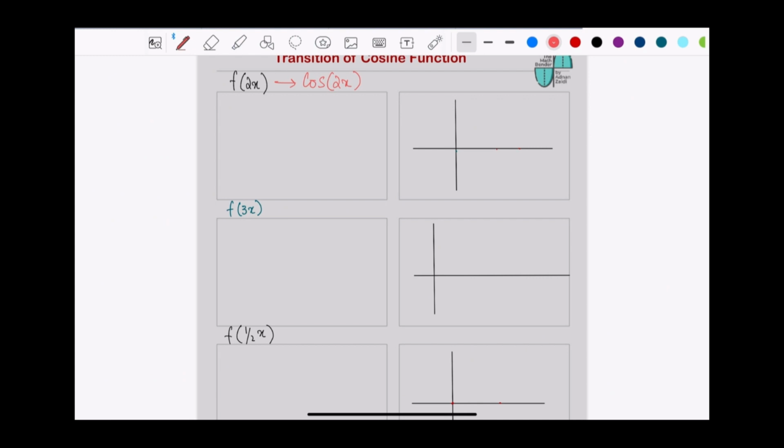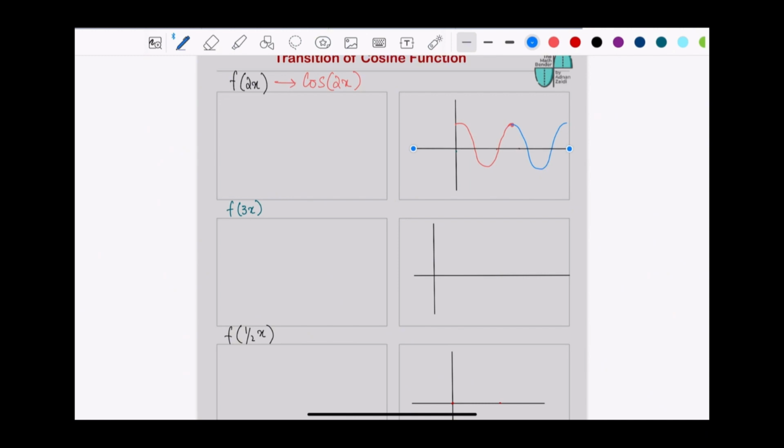So within that 360 degrees or 2 pi radian, the cosine, which by default has a period of 360 or 2 pi, is now going to have two waves in that domain.